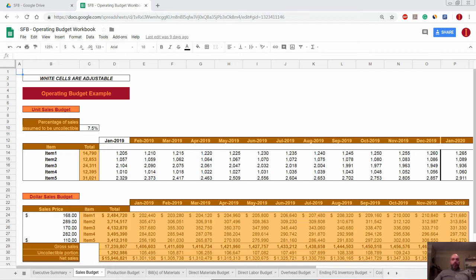We'll get into this. I'll put a link down in the description where you can download this very same spreadsheet that I'm referring to here and tinker around with it. An operating budget has a bunch of sub-budgets in it, I guess you could call them.